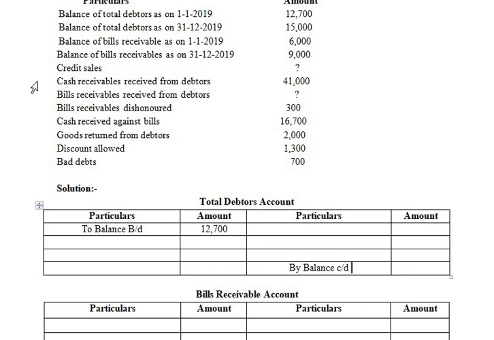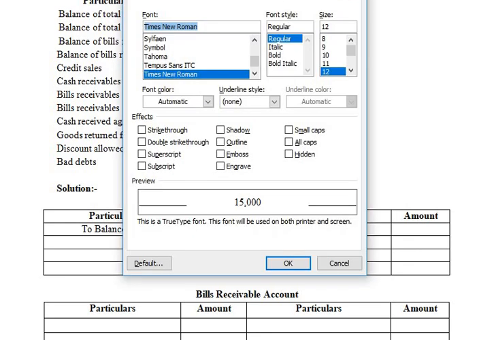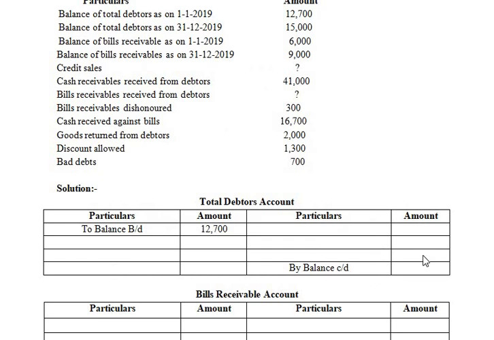And what is the amount? 15,000. So write the amount here as 15,000. I'm just taking it to the last line because I need a little space and want to make the account a little bigger. I will adjust it accordingly as I solve the question. You don't do this, you just take it to the previous line.